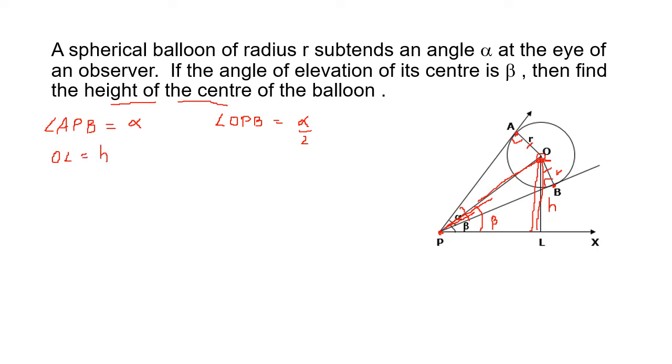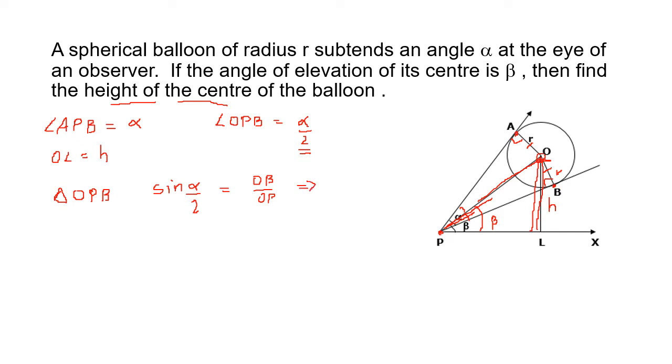Okay. Now how will we proceed? We'll take this triangle first. Which triangle? Look at triangle OPB. Angle OPB is alpha by 2. So in this triangle OPB, sine of alpha by 2 is opposite, OB, upon hypotenuse, that is OP.